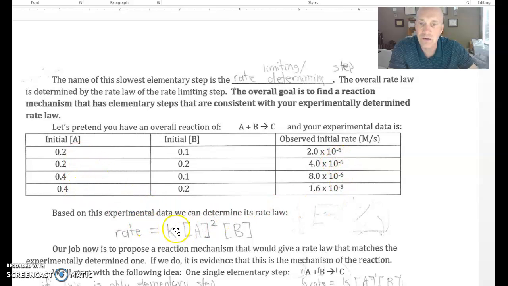We can see here, if A gets doubled at a constant B, there's a quadrupling of the rate. That means it's second order with respect to A. And with B, you can see in the data here, if that gets doubled, we get a doubling. So that's first order there. So this is the experimentally determined rate law. And we can do that without knowing what the mechanism is.